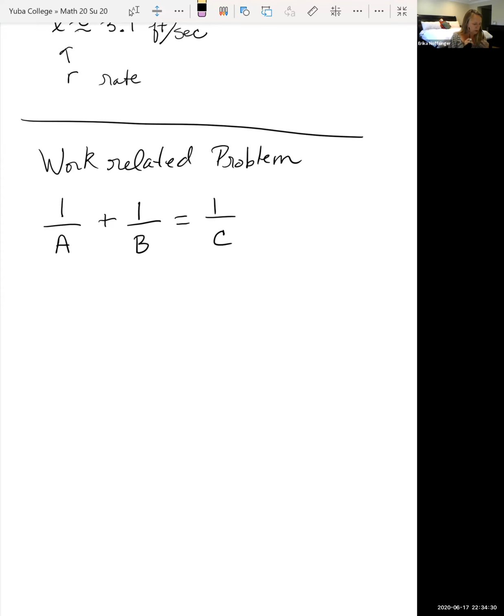And so, pulling a problem out. So Patrice, by himself, can paint 4 rooms in 10 hours. If he hires April to help, they can do the same job in 6 hours.